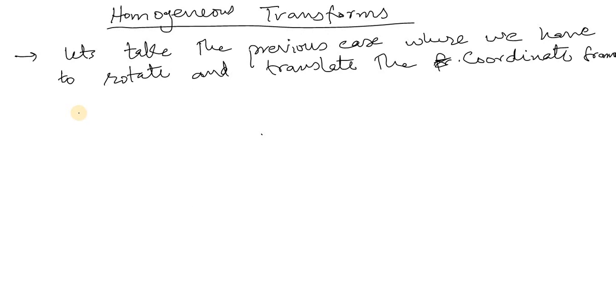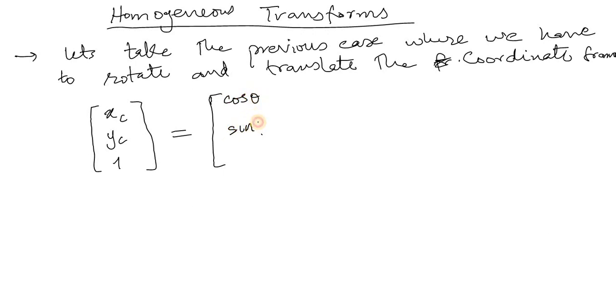So using homogeneous transforms, we can find the intermediate coordinates, which is x of c, y of c, and 1. How can we get the intermediate coordinates? By multiplying with the rotation matrix: cosine theta, minus sine theta, 0, then sine theta, cosine theta, 0, then 0, 0, 1.